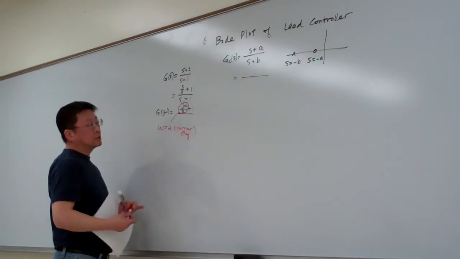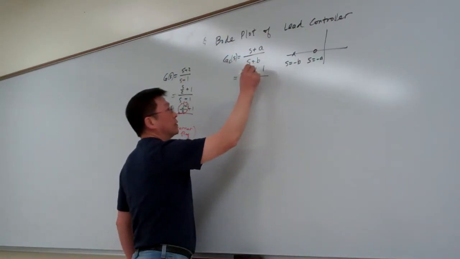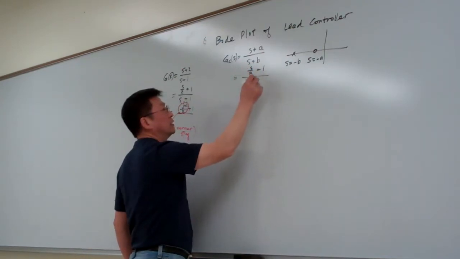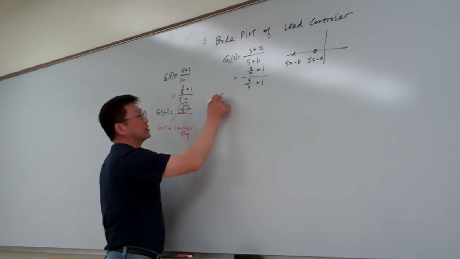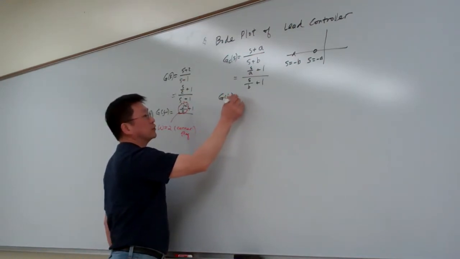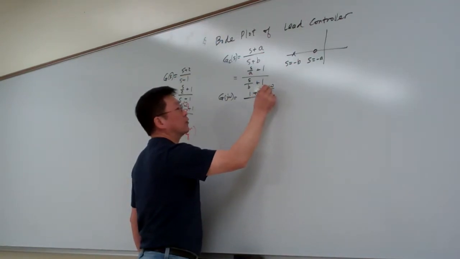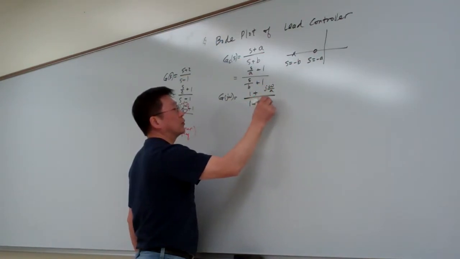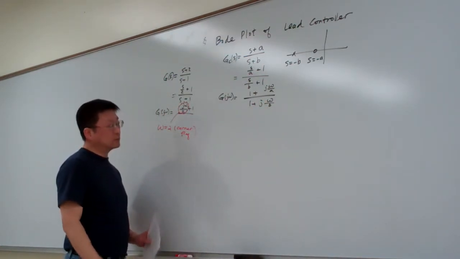Okay. So for this case, let me scale it as 1 plus S over A and 1 plus S over B. Based upon this, we introduce S equal to J omega. So that is 1 plus J omega over A, 1 plus J omega over B. Then based upon this one, I'm going to draw the plots here.